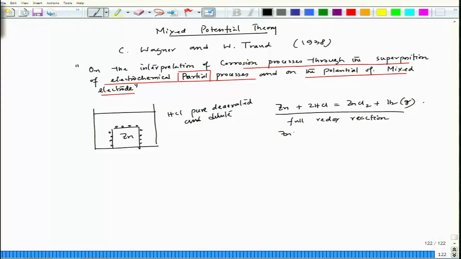Thus, this is the oxidation or anodic process, or I could say the corrosion process, and the second part is 2H+ + 2e- = H2. So, this is the cathodic process.